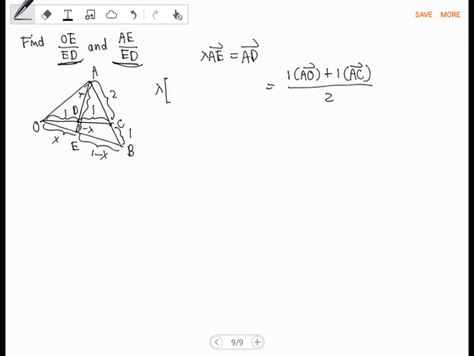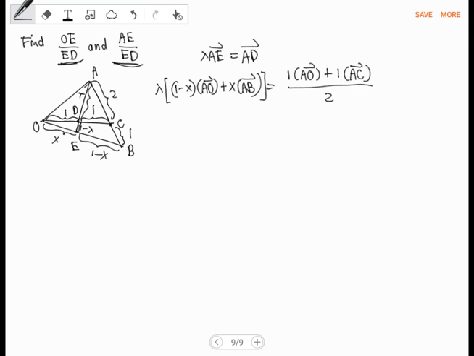Looking at this triangle over here, it is 1 minus x multiplied to AO plus x multiplied to AB, and divided by 1, because 1 minus x plus x is just 1.